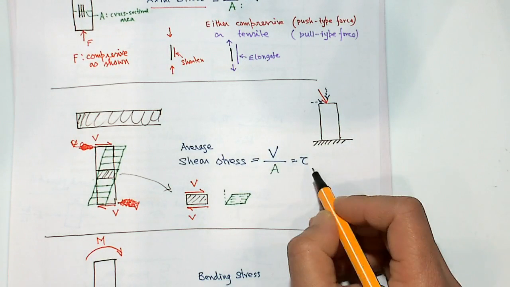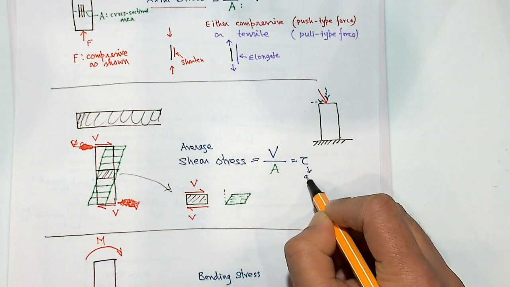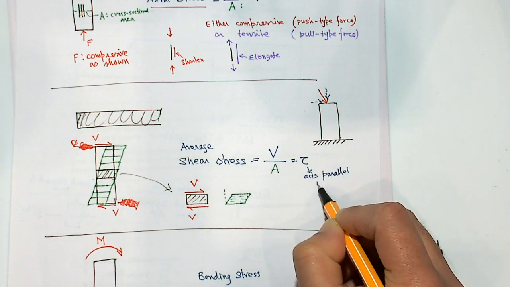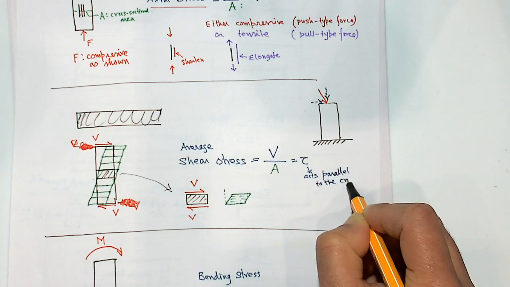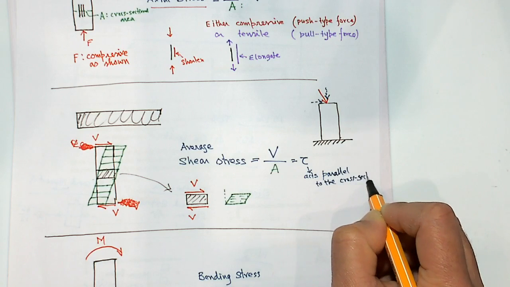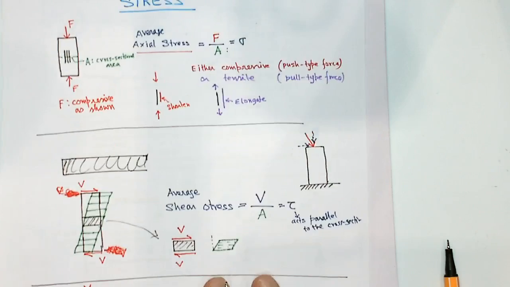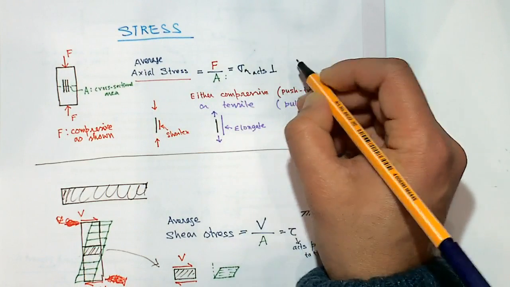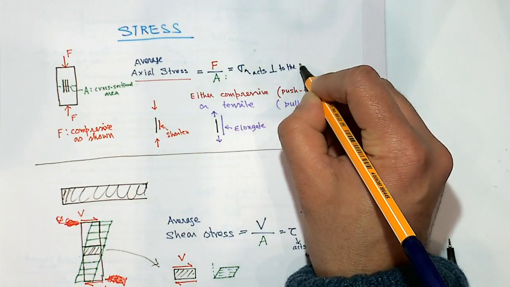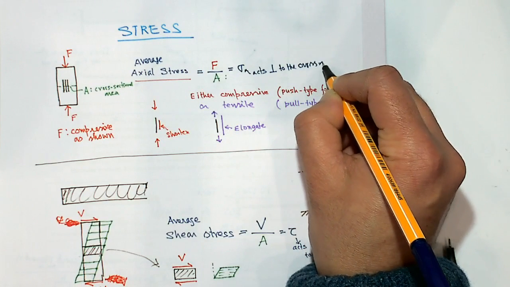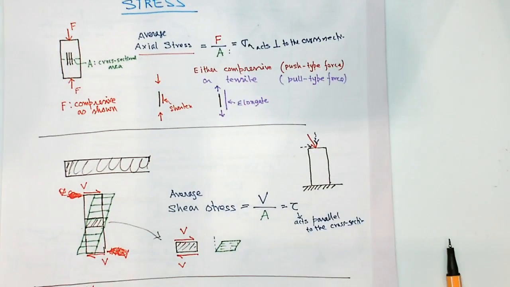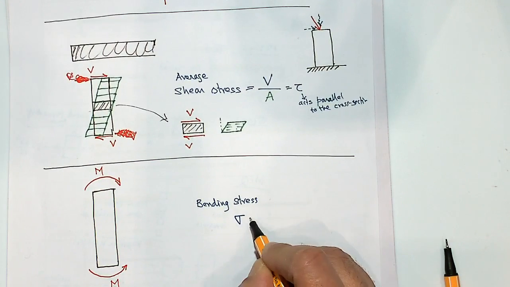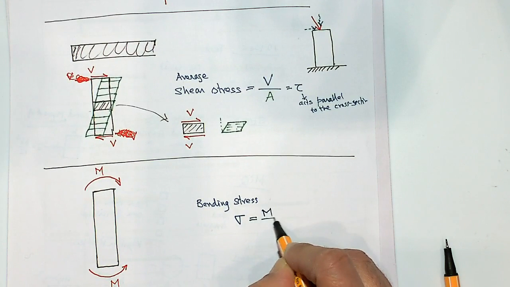So tau acts parallel to the cross section, and sigma acts perpendicular to the cross section.